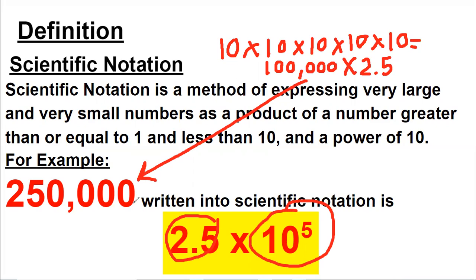You could argue that 250,000 isn't really a super huge number, but if you become a scientist that, say, studies the galaxies, you are going to want to write your super huge numbers, which have tons of zeros after them, in scientific notation, a shorter way. You wouldn't want to have to write all those zeros after a number that's very, very large.